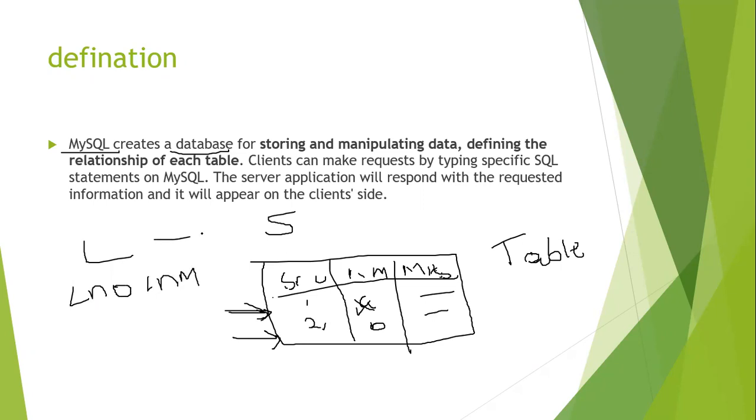So this is a student and this is a lecturer. Do both tables have a relation or not? Students learn from the lecturers. That means MySQL creates a database as well as stores the data, manipulates the data, and defines the relation between each table.